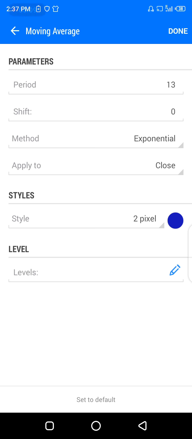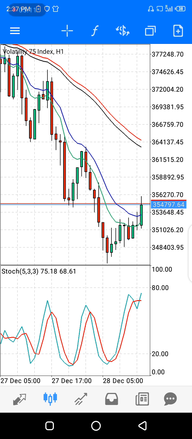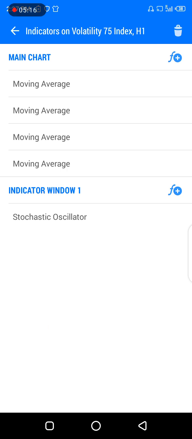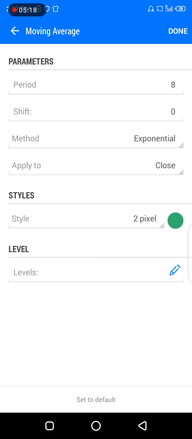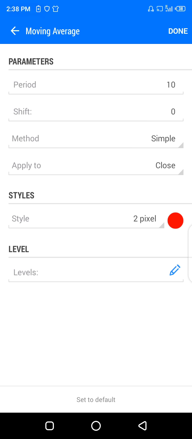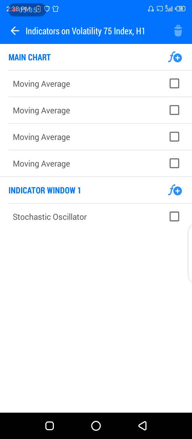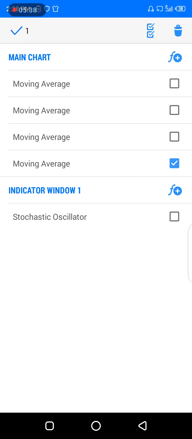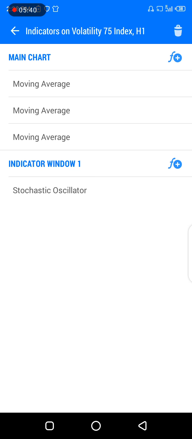So we already have the 13 on it, which is the violet, and then we have now looking for the 8. The 8 moving average will be green, and then we are done. We need only 3 moving averages on it, so we delete the 50 moving average. Okay, so done. We did it.